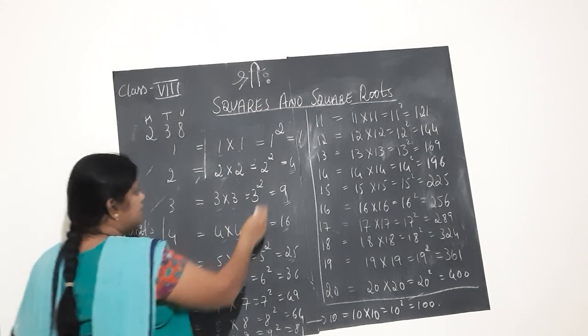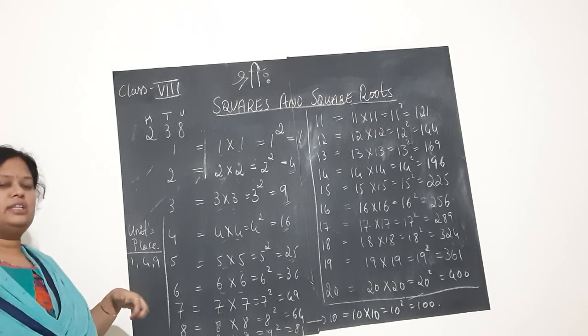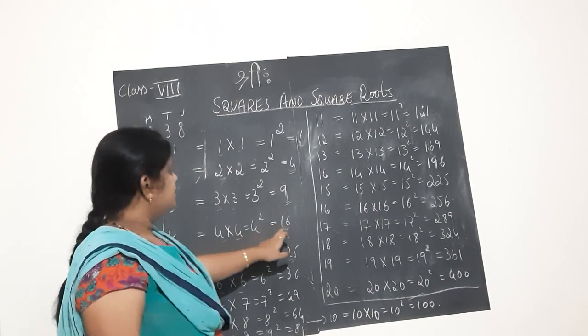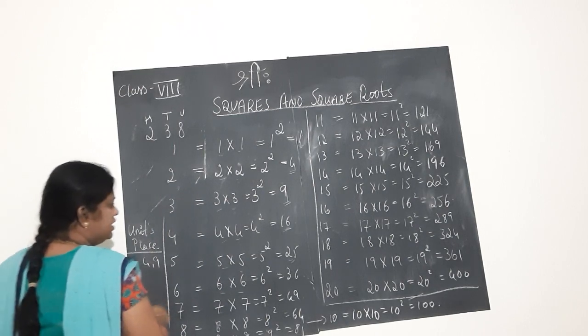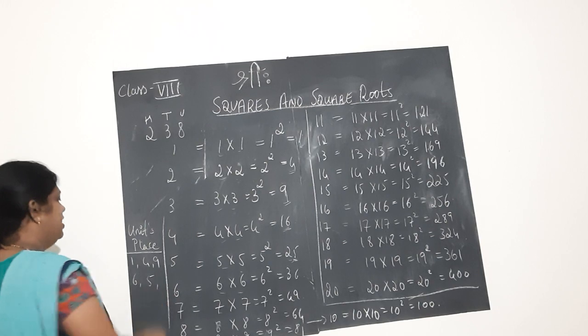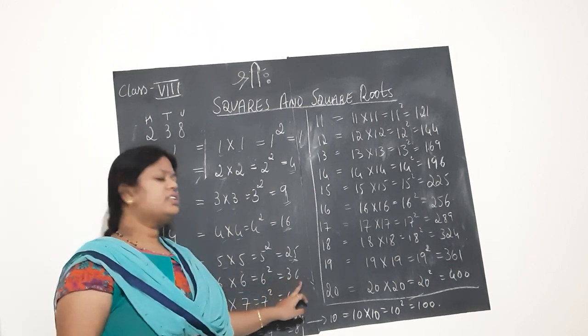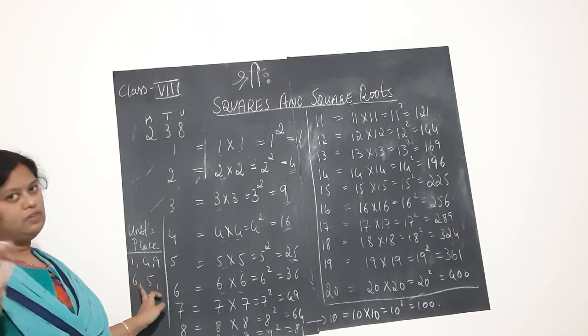Next, these two single numbers are in the units place, so I wrote all 3 numbers. Next, 16: 6 is in the units place, I will write 6. Next, 25: I have number 5 in the units place, I will write it. Next I got 36. 6 is in the units place. I have already written it. I will not write.